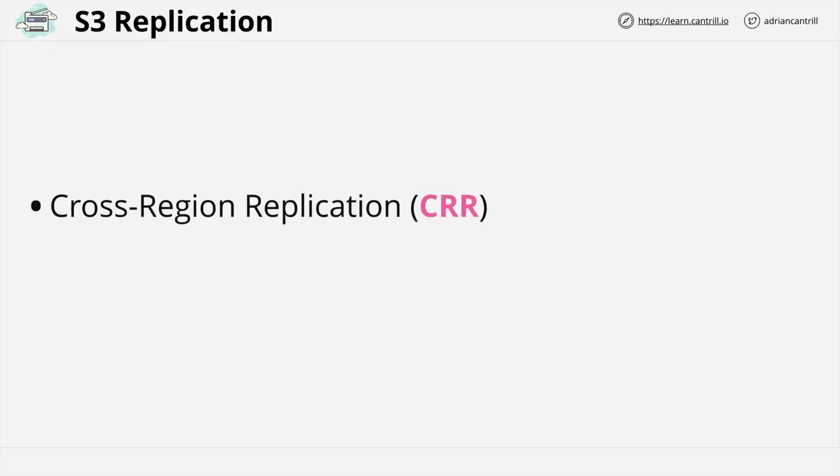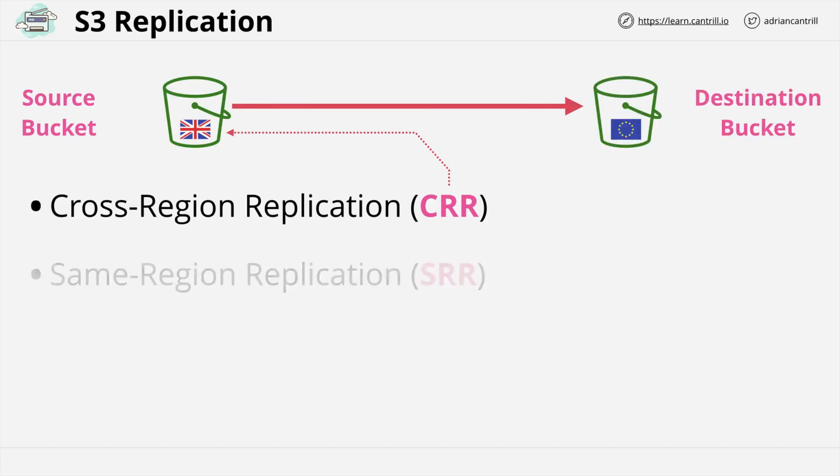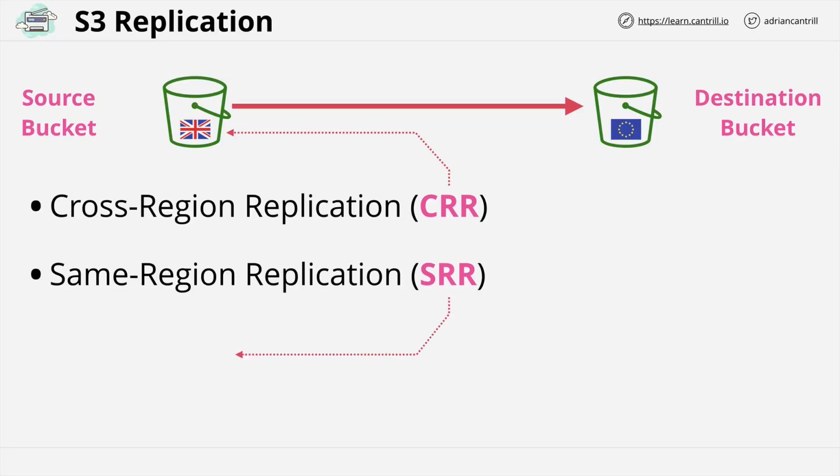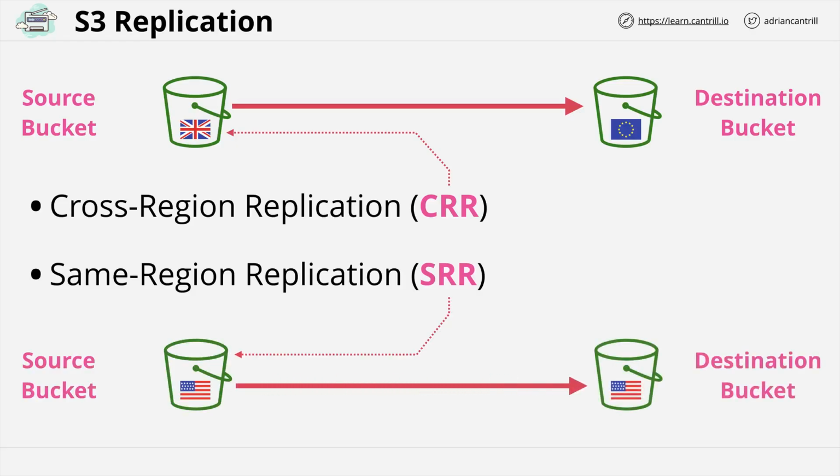The first type, which has been available for some time, is cross-region replication, or CRR, and that allows the replication of objects from a source bucket to a destination bucket in different AWS regions. The second type of replication, announced more recently, is same region replication, or SRR, which, as the name suggests, is the same process, but where both the source and destination buckets are in the same AWS region.